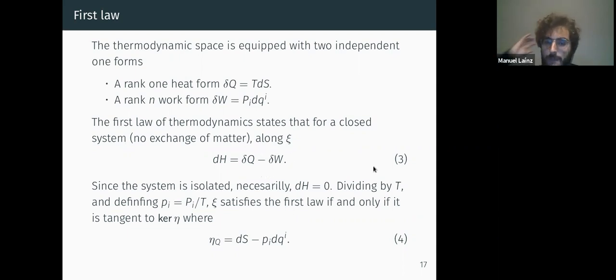But since the system is also isolated, the total energy cannot vary.